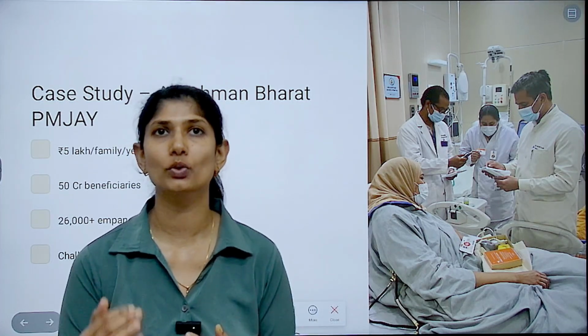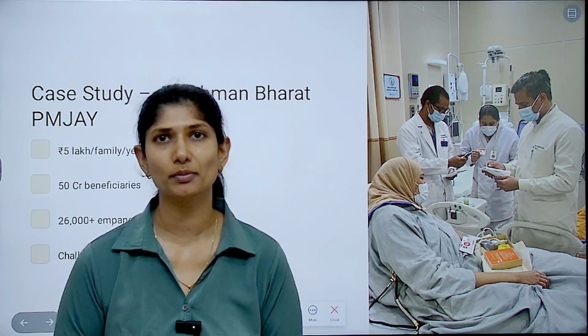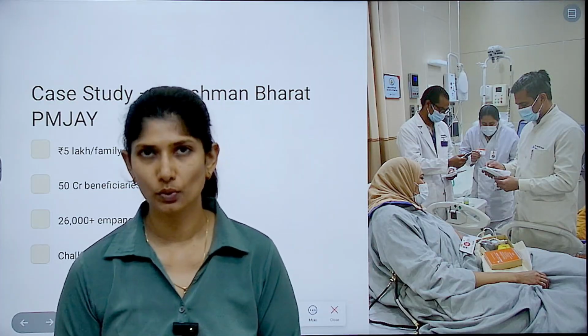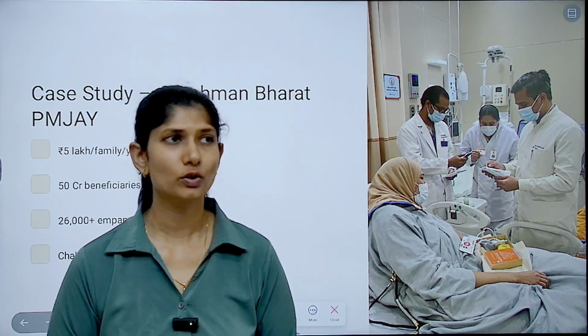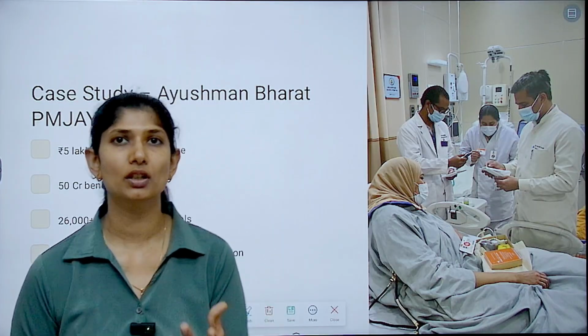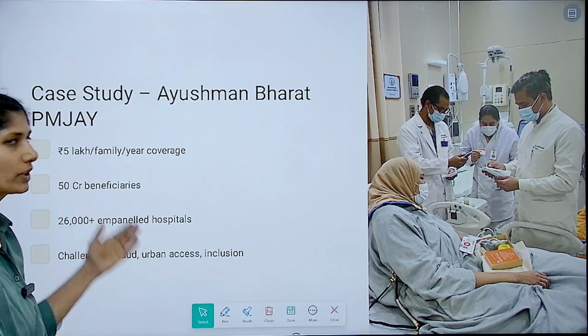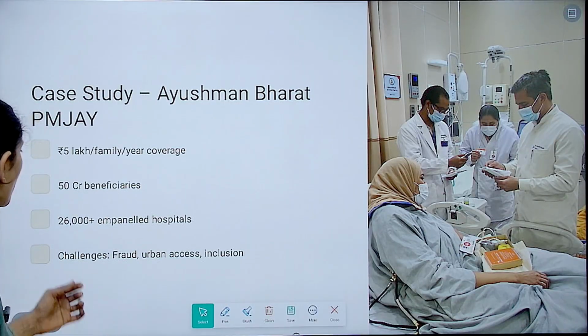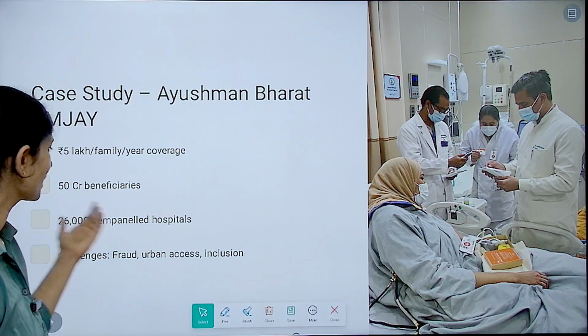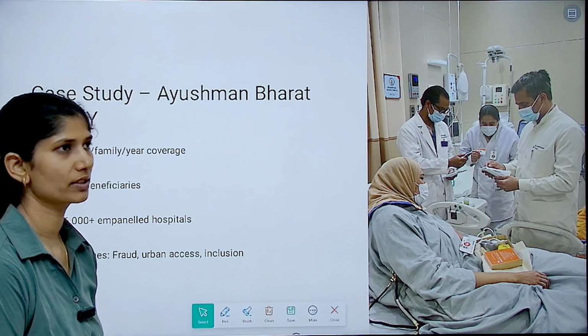He doesn't have to run behind each particular department for approvals, sanctions, and also it has a coverage of up to 5 lakh rupees per family. Understanding, in this more than 50 crore people have benefited. We have more than 26,000 plus hospitals brought in this.